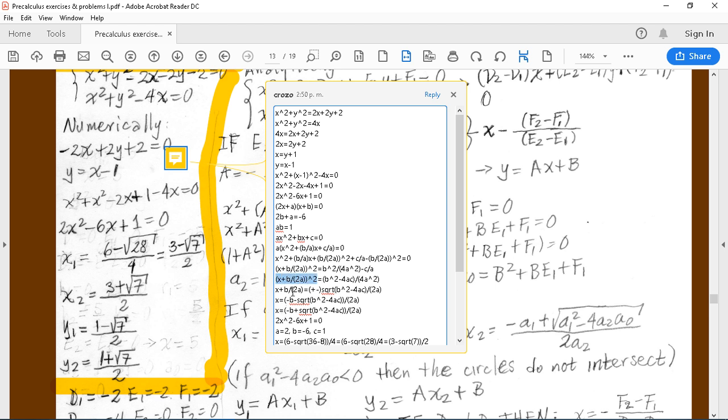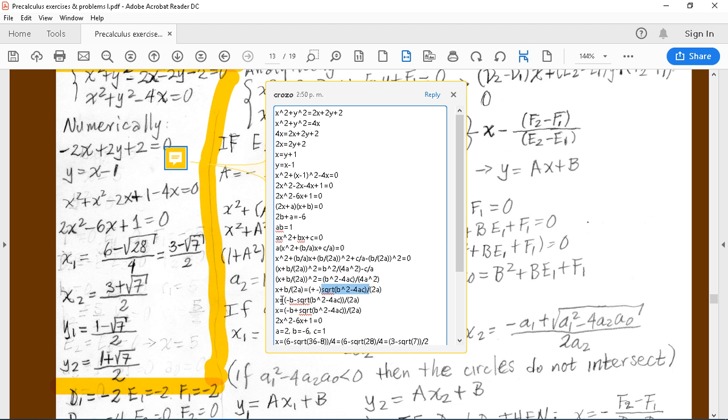We take out the square root, and we have x plus b over 2a equals plus minus the square root of b squared minus 4ac, divided by 2a.